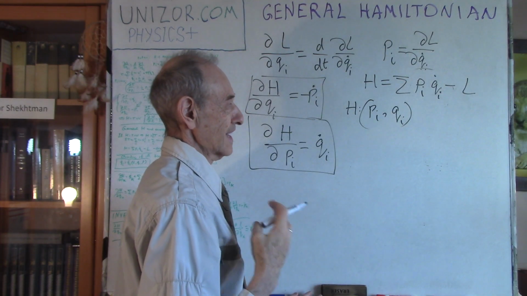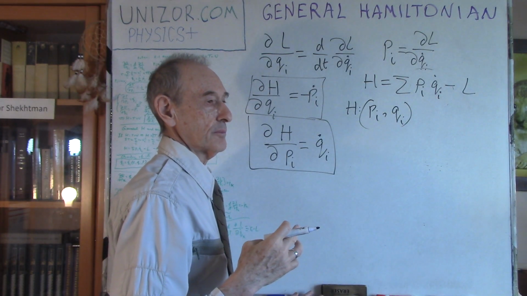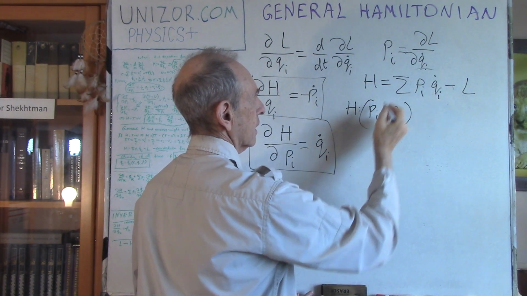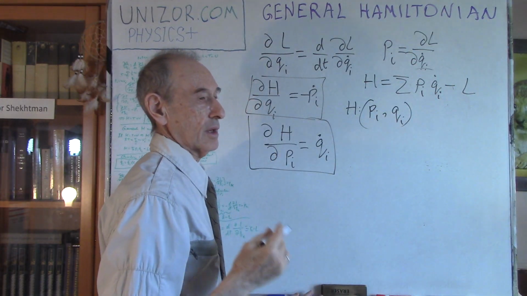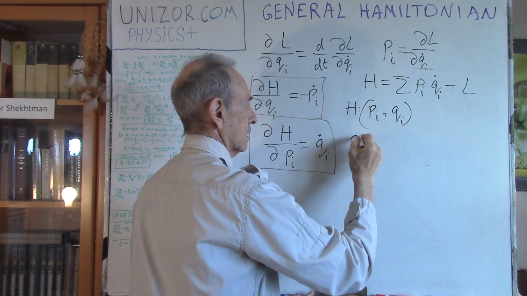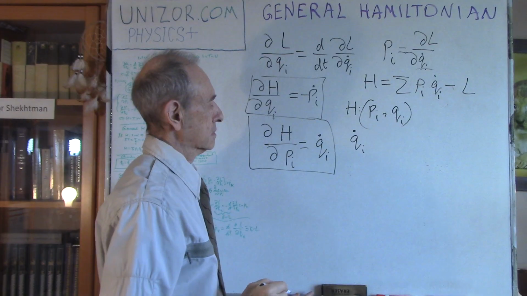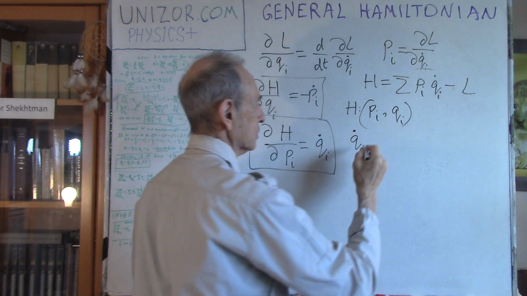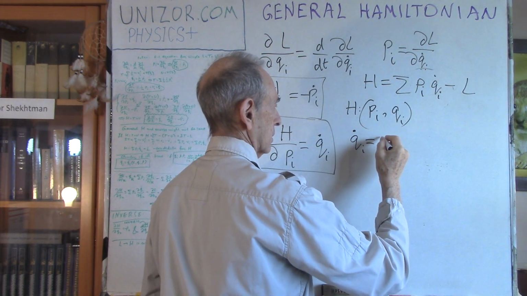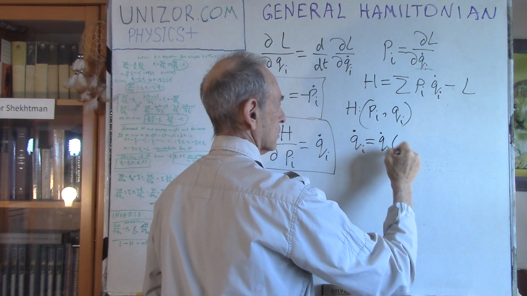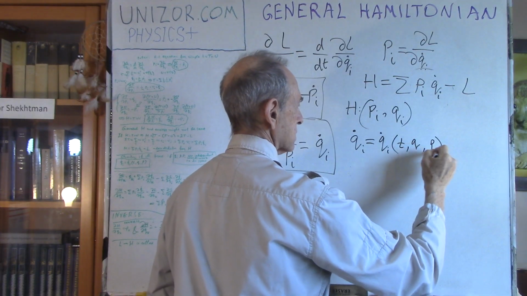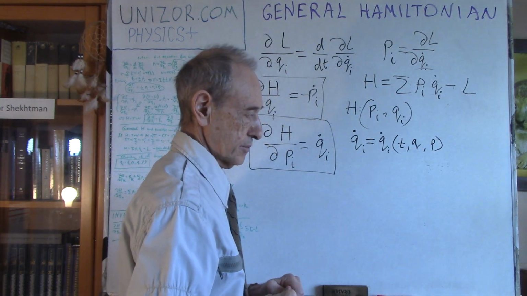However, you see, we have defined p_i as such a derivative, but I would like q_i dot, the derivative by time, to be treated as a function of independent coordinates, which are time, all q's and all p's. This is a very important moment.